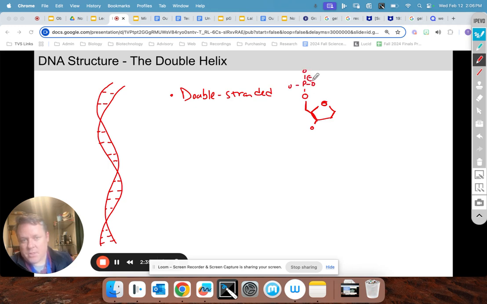Because of all those oxygens, it's super negatively charged. And up here, we get one of 4 different nitrogen bases, so we can put a little flag around that. I'm not going to ask y'all about the structure of those, but that represents one of these little L-shaped things, if you want to simplify.